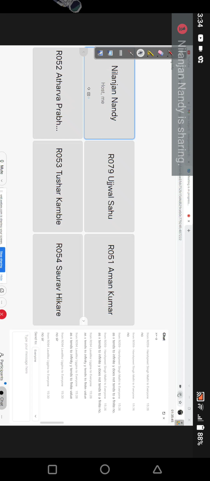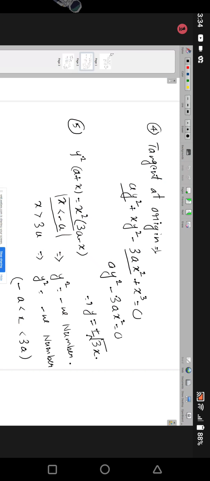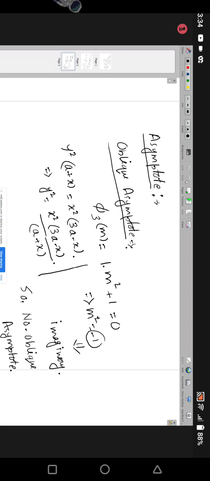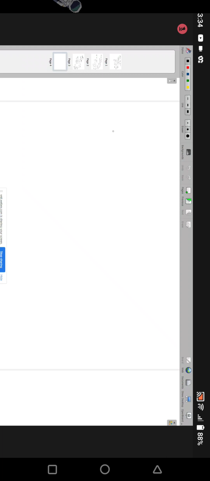You trace up to the asymptote first. The drawing of the curve will be done later. First, try to find the points, whether it is symmetric, and find the asymptotes and tangents at origin for this curve.